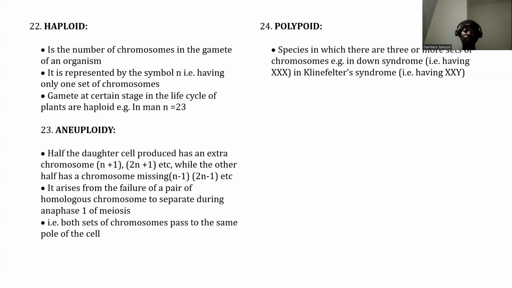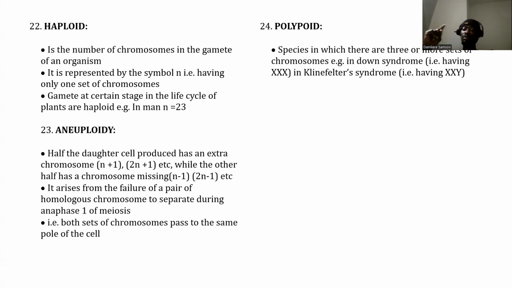That is, both sets of chromosomes pass to the same pole of the cell. Remember at metaphase, they all come towards the equator. From metaphase to anaphase, they need to move to the opposite poles. From the equator, spindle fibers are formed and they begin to move towards opposite poles.